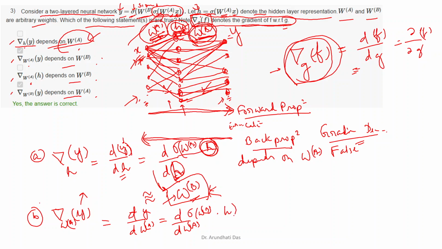Here we can directly see that h is wa multiplied by x, and we are taking the derivative with respect to wa, so my final term should have wb and also maybe x.